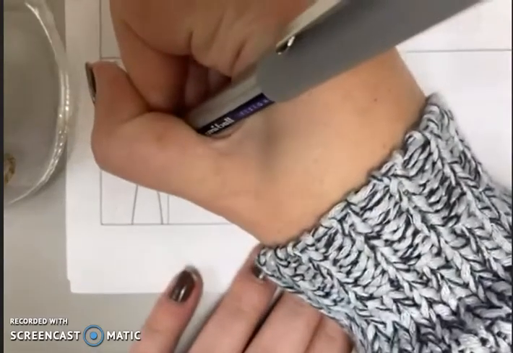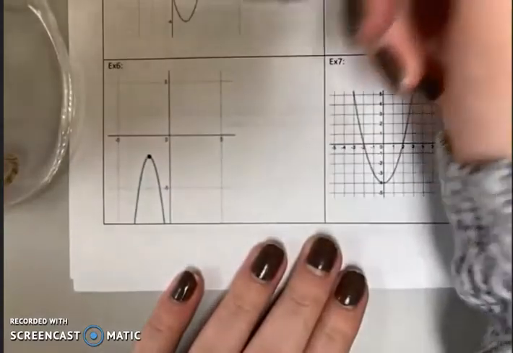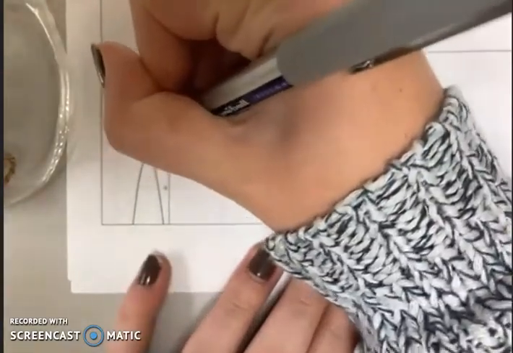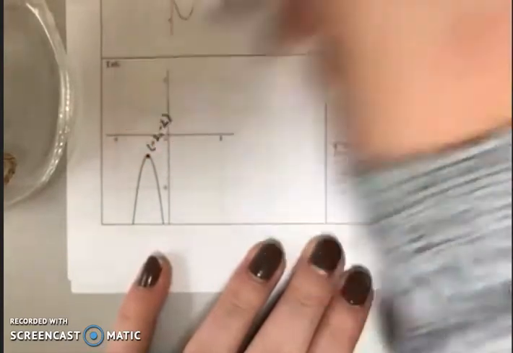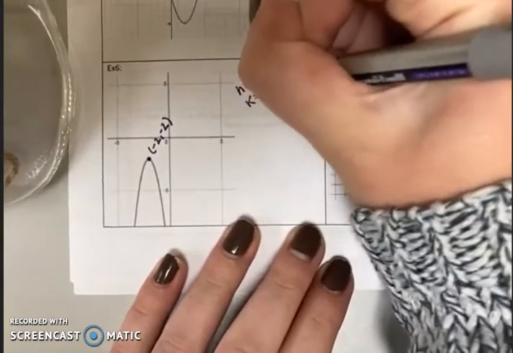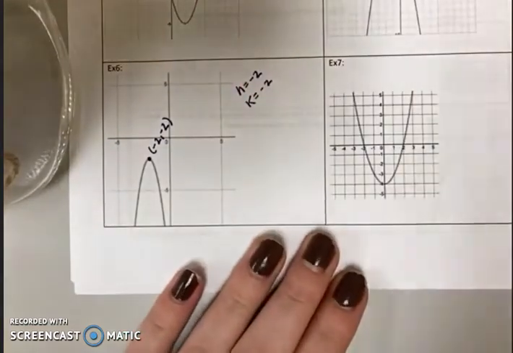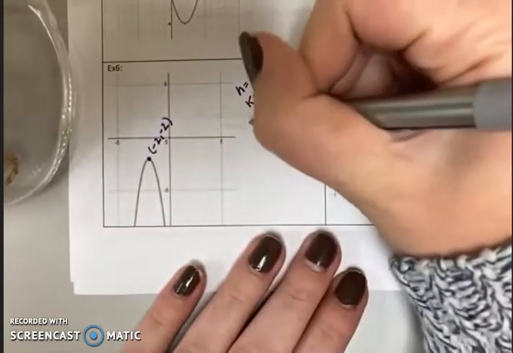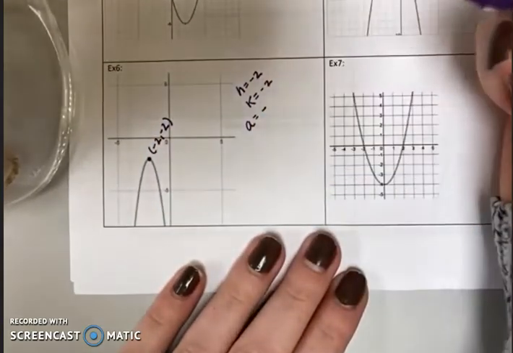Starting with example 6, the vertex is located at -2, -2, meaning that h is -2 and k is -2. Also, the parabola is opening down, which means that I know a is some negative number.